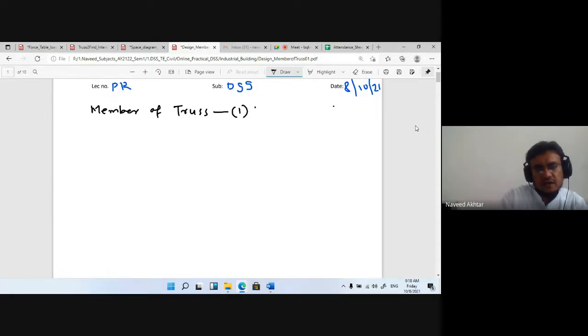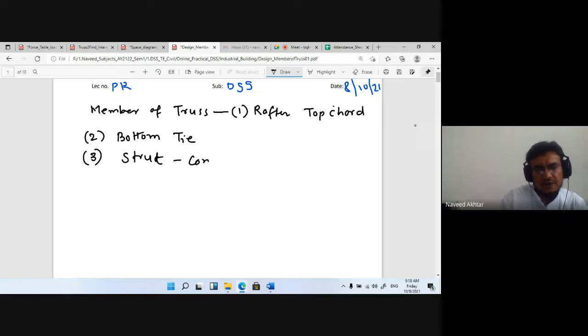Rafters are the top chord members. Second, the bottom tie is the bottom chord member of the truss. Then the strut is the inclined member of the truss, a compression member due to gravity loading.